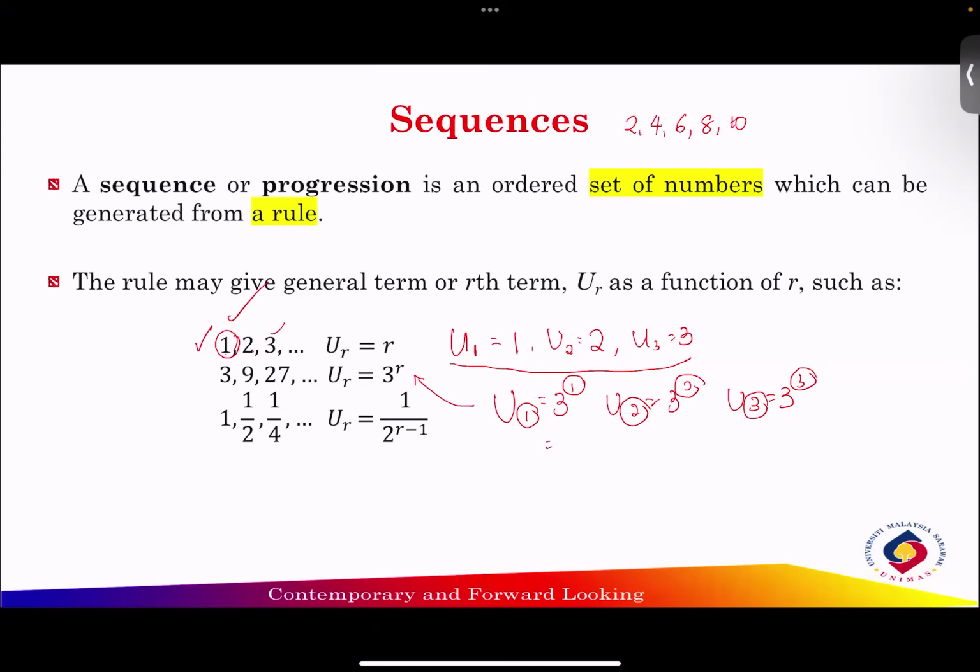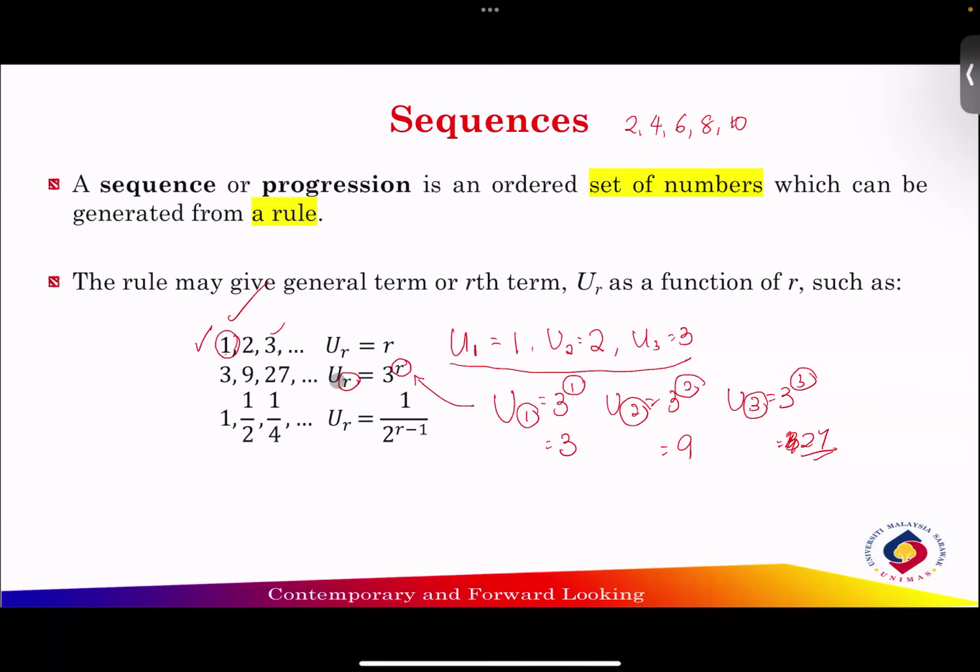So the answer will be 3 power of 1 is 3, 3 power of 2 is 9, 3 power of 3 is 27. So you can see this determines the number of terms. This is the rule found from these sequences.